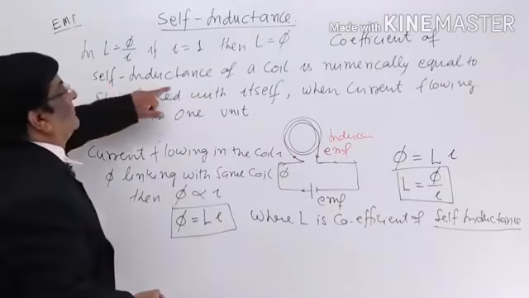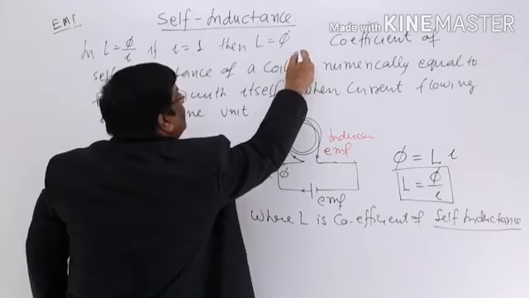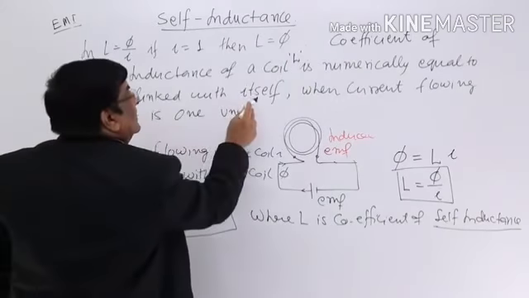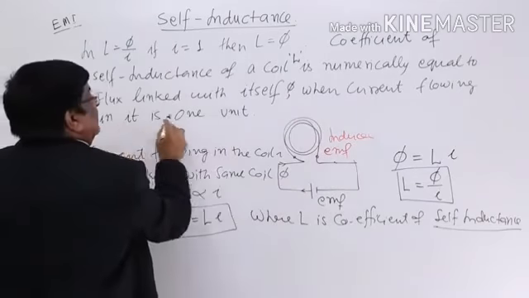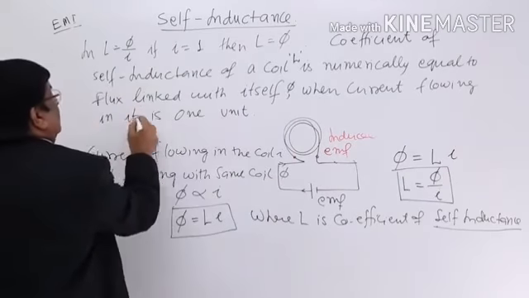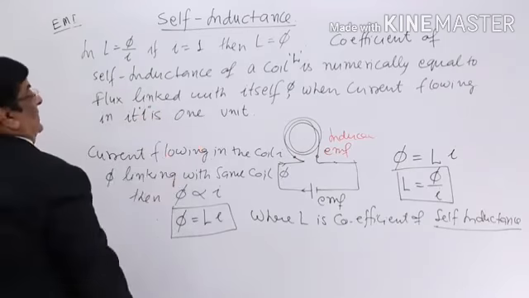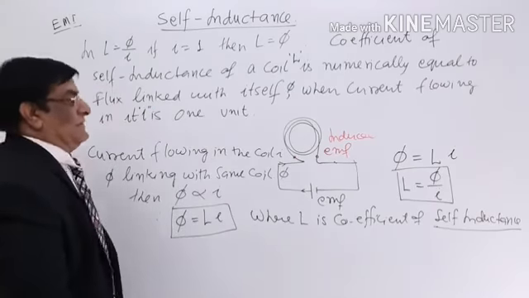The coefficient of self-inductance of a coil, L, is numerically equal to the flux linked with itself, phi, when the current flowing in it, I, is 1 unit. So this is the coefficient of self-inductance.